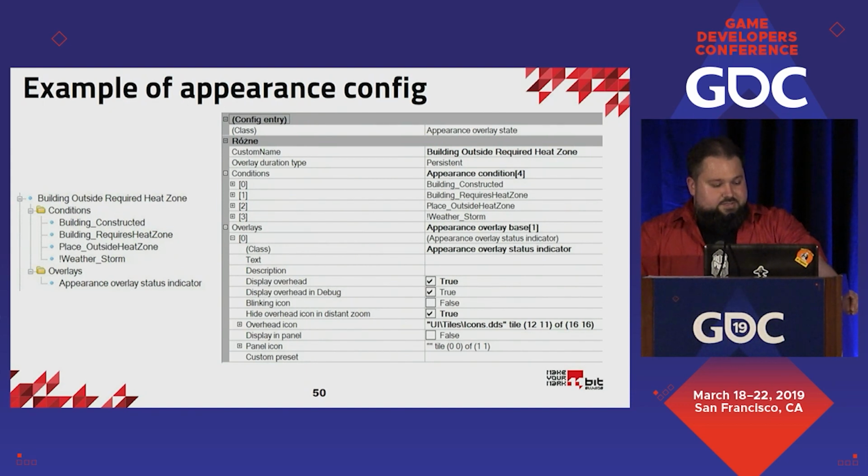And the overlay is only changing status indicator. In this case, it is an icon above the building. So when these conditions are met, the building has these appearance states, the icon appears and the player is informed that the building requires heat zone and it isn't inside the heat zone.